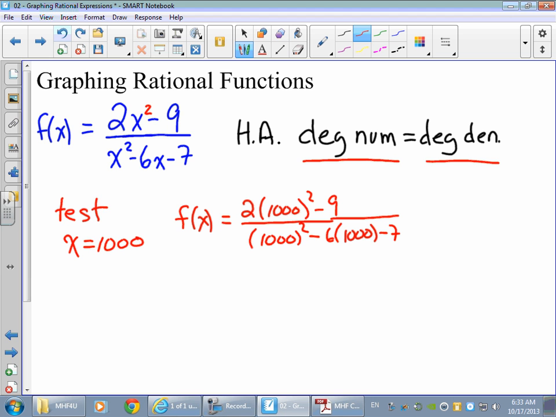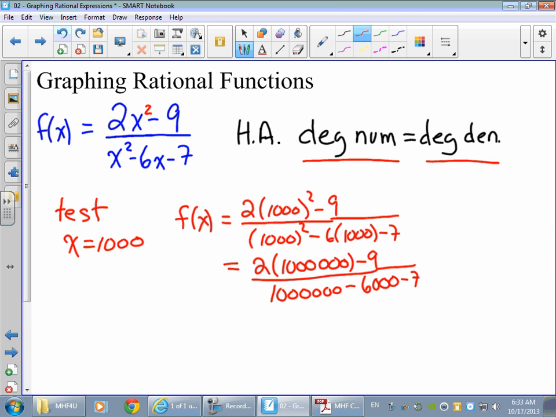So on top I've got 2 times 1,000,000 minus 9. On the bottom I've got 1,000,000 minus 6,000 minus 7.